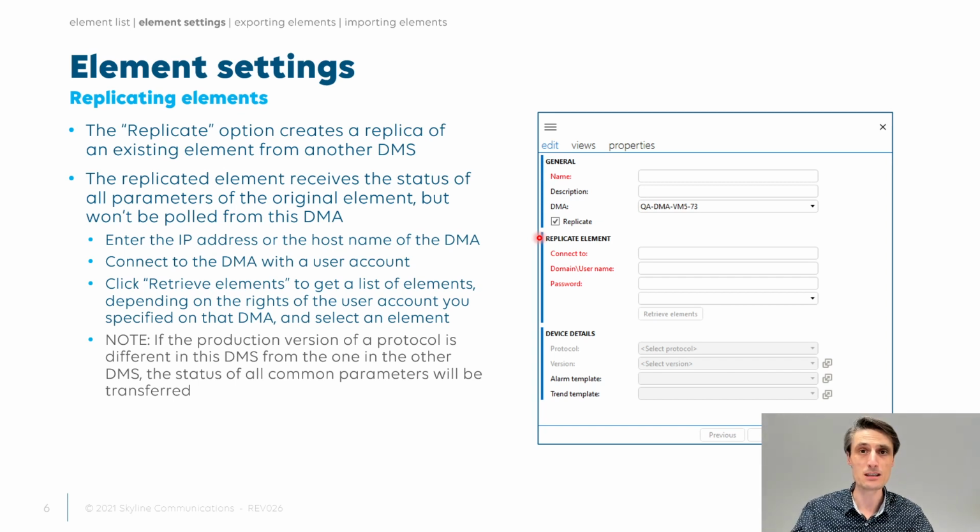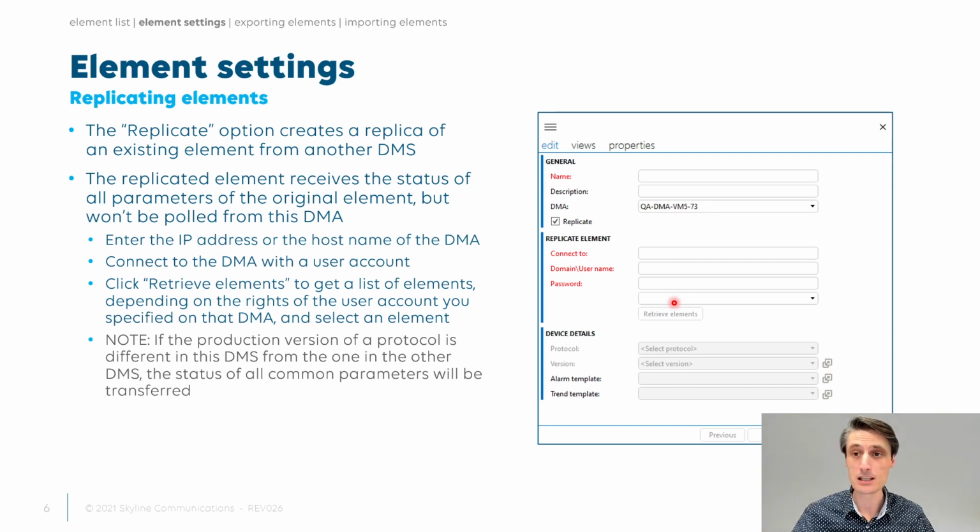So if it is already being polled by another DataMiner system, you could easily just say, I want to replicate this element and I want to actually connect to another DataMiner agent by specifying the IP address or host name, connect with a certain username and password, retrieve the elements from that DataMiner, and just select the existing element from another DataMiner agent.